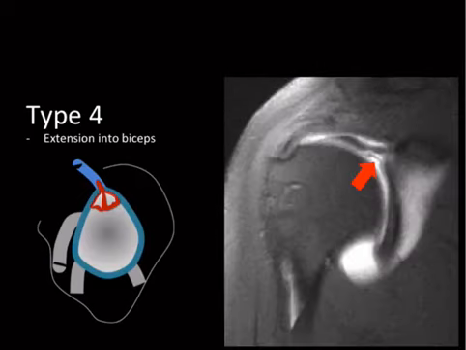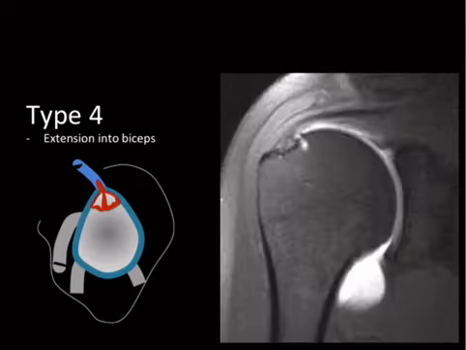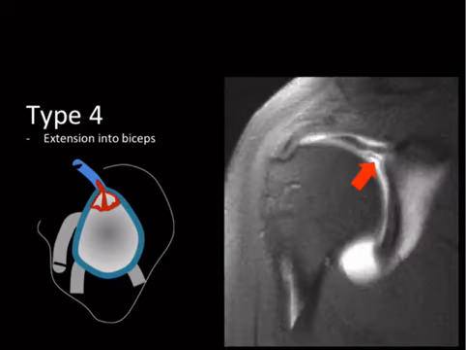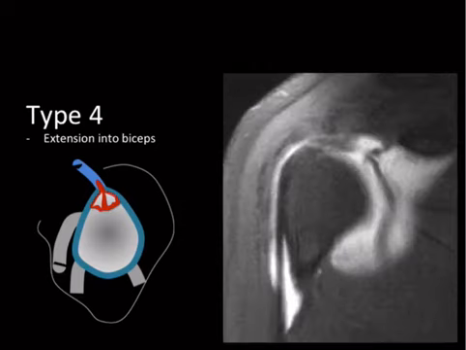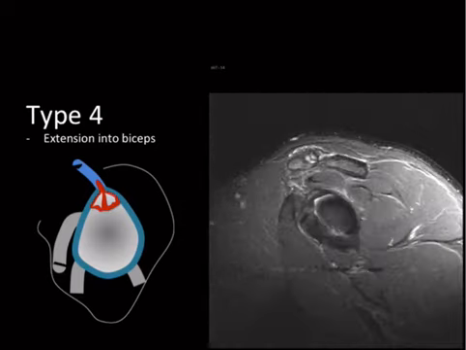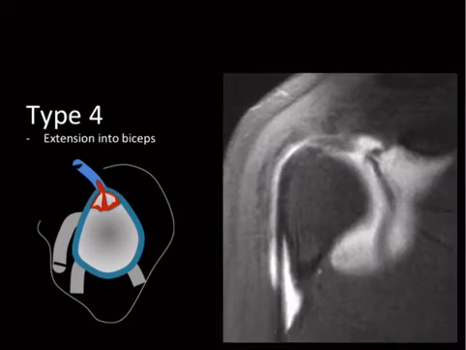All right, here's type 4. This is the one I think matters the most. So remember the long head of the biceps attaches at the 12 o'clock position. Do you remember where the short head attaches? Coracoid process, right? So the long head of the biceps attaches at the 12 o'clock position, and if that tear extends into it, let's see it here, right there, look at that.